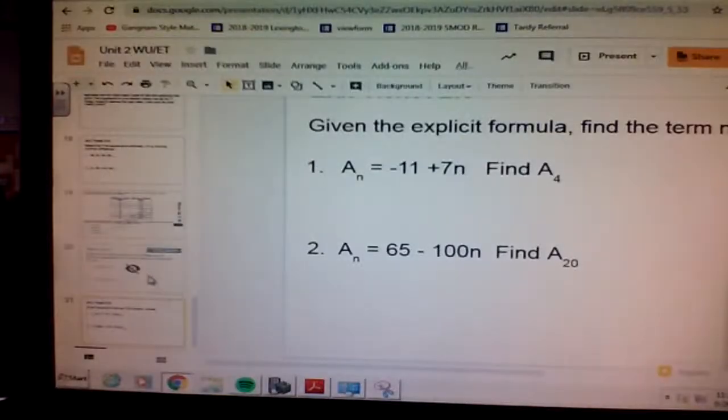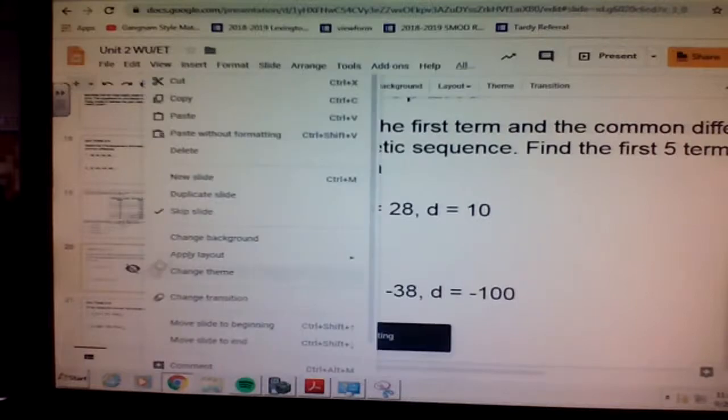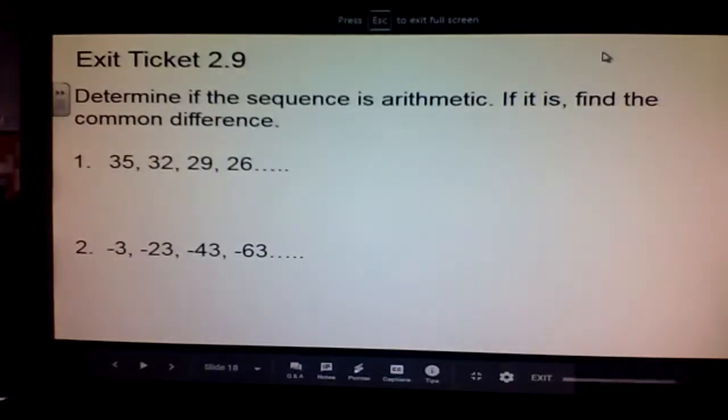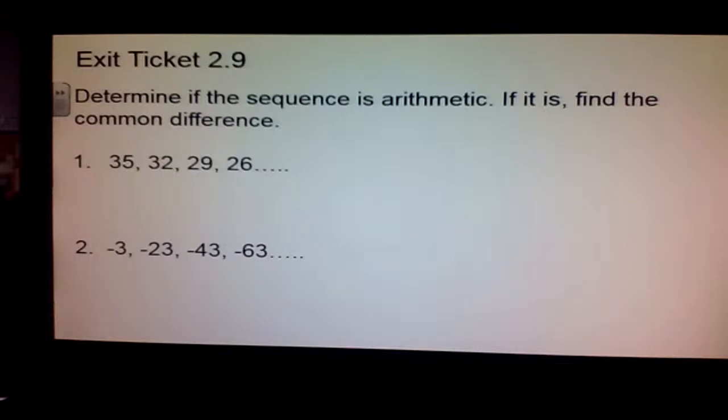We'll take care of that after benchmarks. Okay, here's your exit ticket.